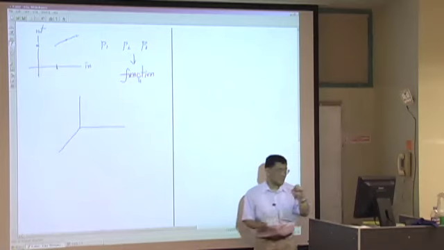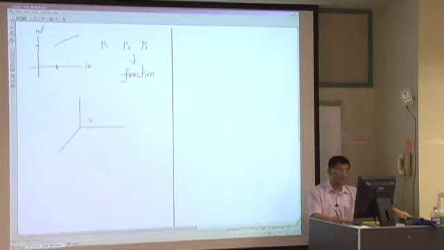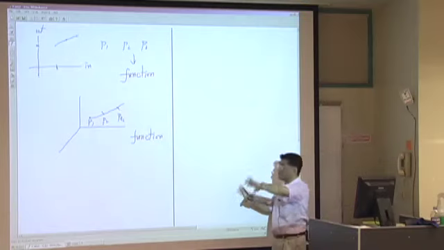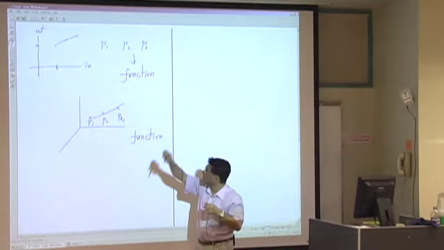In three-dimensional space it is essentially the same. We have P1, P2, P3. Then we find the function passing through these points, right? It could be a surface, not just a curve.